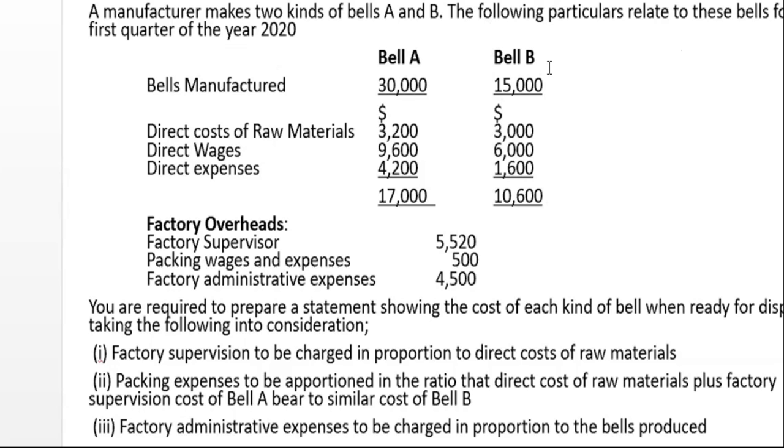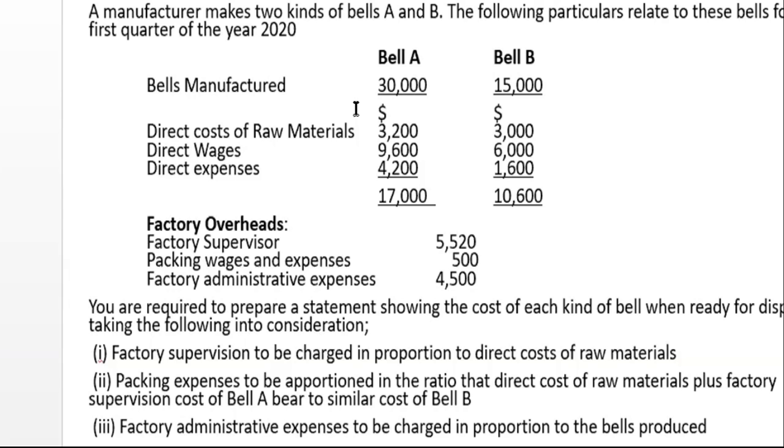Now the bales manufactured during this time, for bale A, we had 30,000, and for bale B, we had 15,000. These are the units that were produced. But now the costs have been given there. For direct material, for bale A, we incurred $3,200.